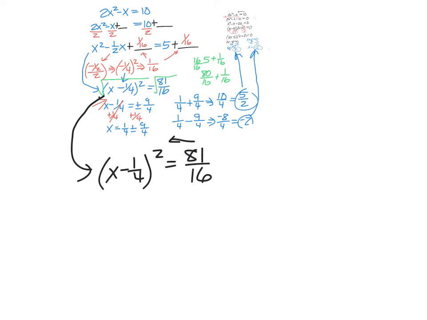If I move this over, x minus 1/4 squared minus 81/16 equals 0, graphically, we remember what this means. That means move to the right 1/4, move down negative 81/16.